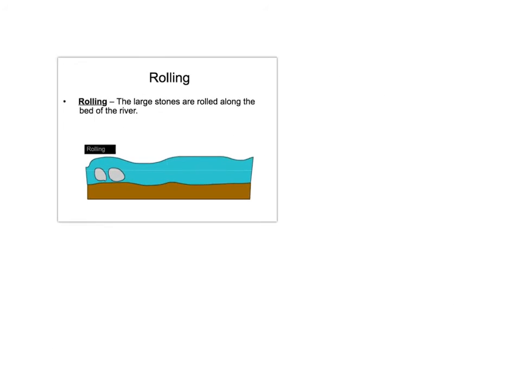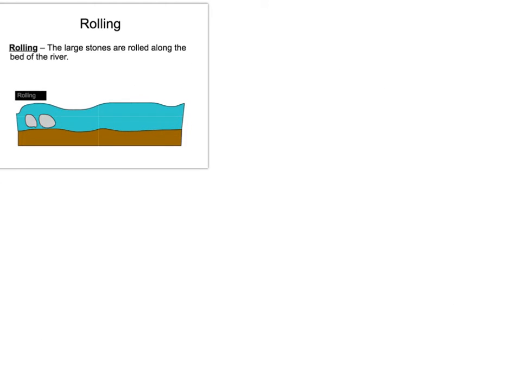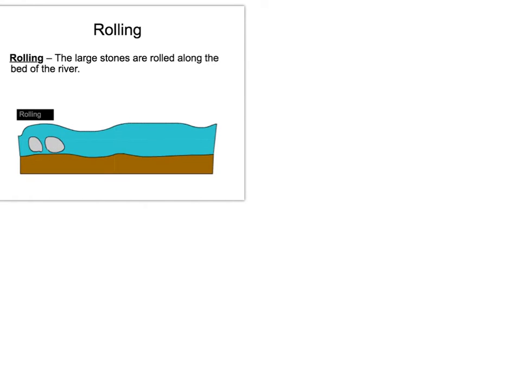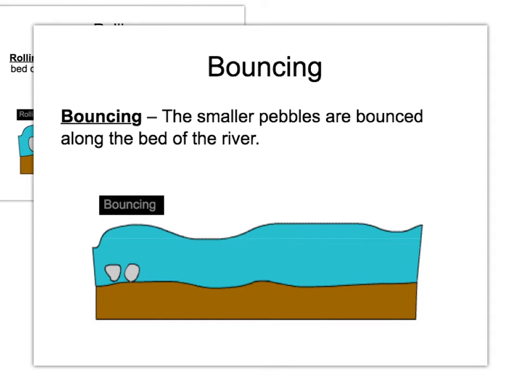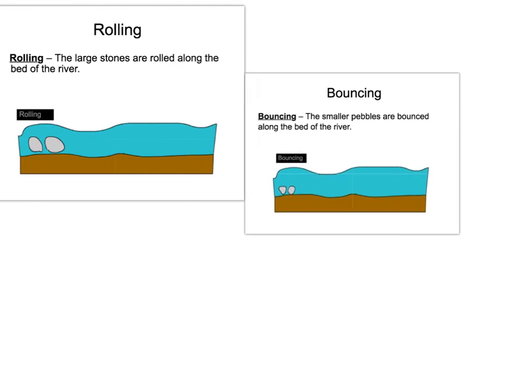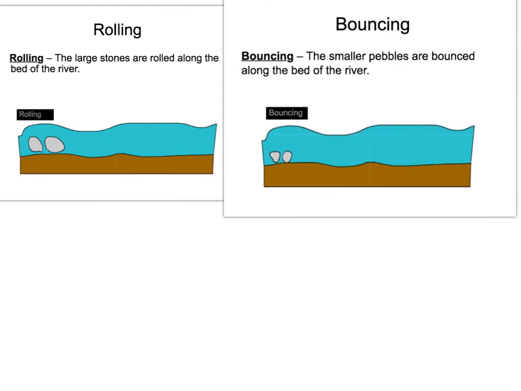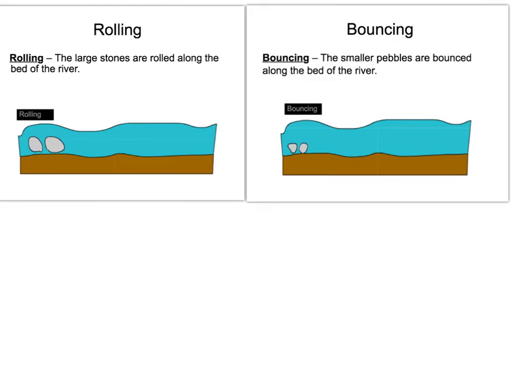Okay, so just put that there. And the second way is by bouncing. Okay, and this is when you have the smaller pebbles, and they simply just bounce up along the bed of the river.